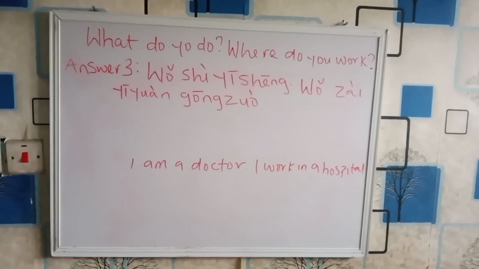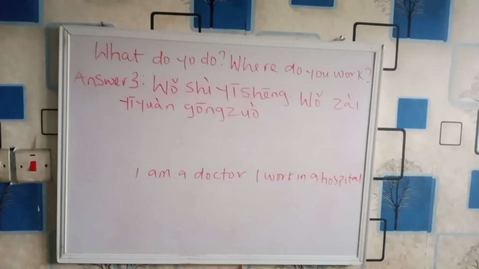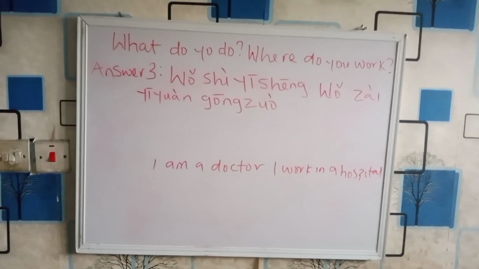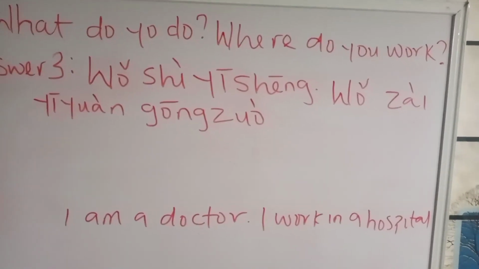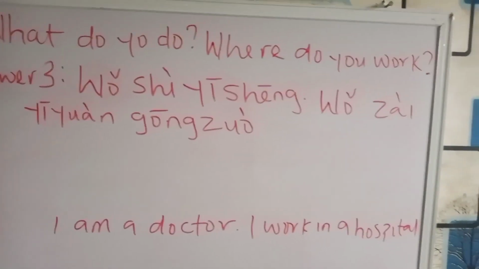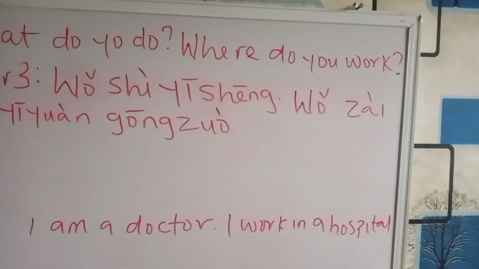This is how to say I am a doctor. I work in a hospital. You say 我是医生, 我在医院工作. The word for doctor is 医生. 我在医院工作. We know 我 already. We know 在 already.